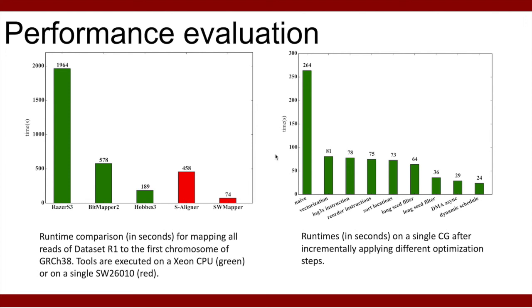In order to analyze improvements after each of our proposed optimizations, we have executed SWMapper on 1 CG using dataset D1 and GRCh38 as reference. Our initial naive implementation takes 264 seconds. We have evaluated two methods for implementing the long seed filter. The first method loads the subreference into LDM for each position and compares the long seed between the read and the reference.